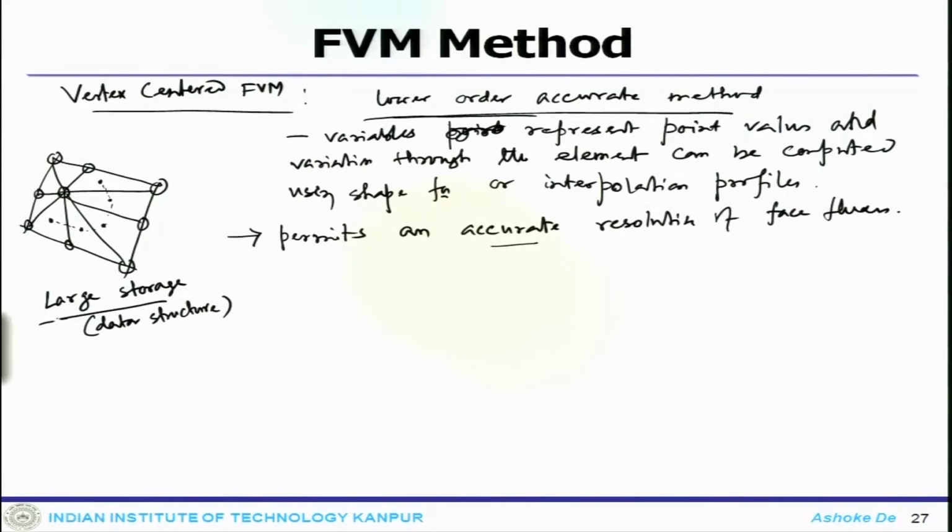So, the requirement would be large, that means you require high memory. Second problem is that if you think about this particular phase and let us say you have specified a boundary condition here, phi b, then the treatment of the boundary condition is not trivial.